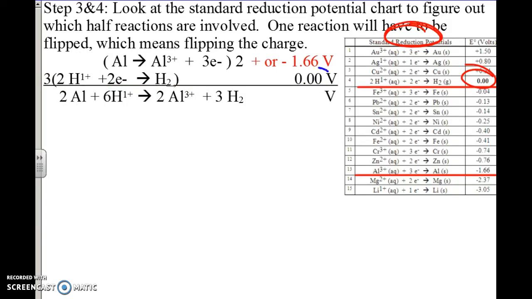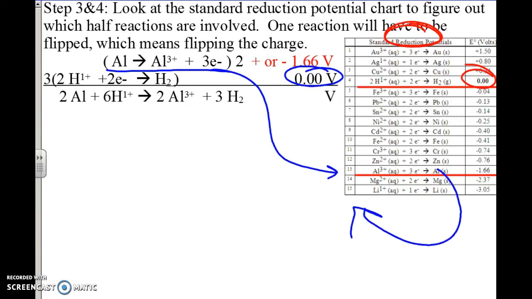So that is where this comes from, and we put a big V for voltage. We look at this one, and we go down here, and it looks similar, but it's the exact opposite of what's on the reduction potential sheet. So in other words, we have to take this reaction and flip it. So you've got to flip the direction of it. And when we flip it, we also have to flip the sign that's in front of the voltage.